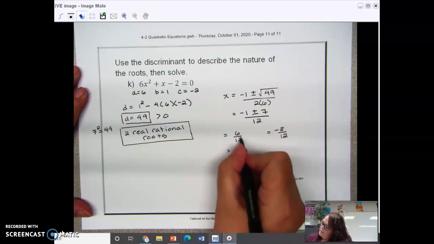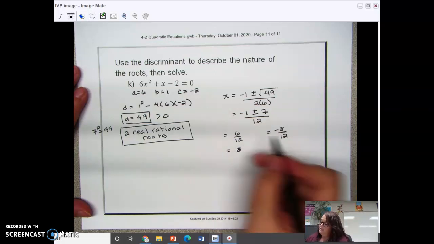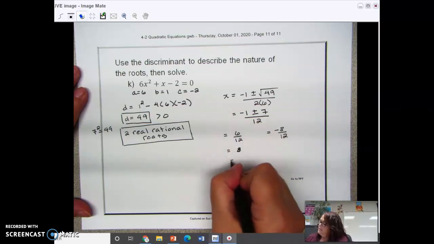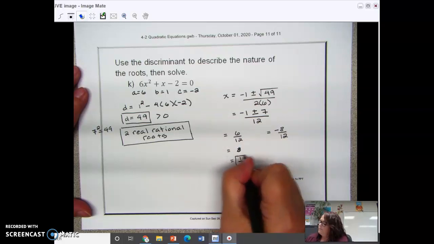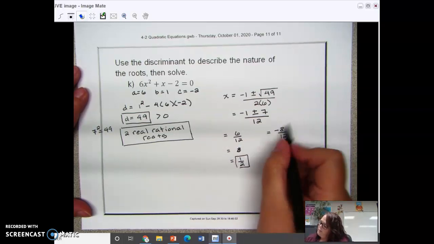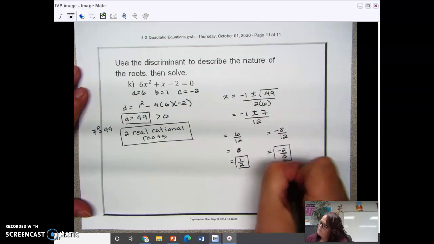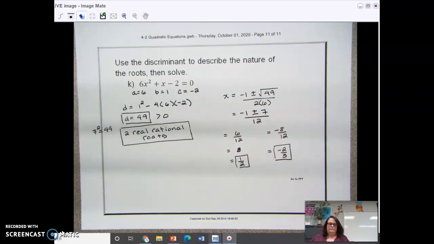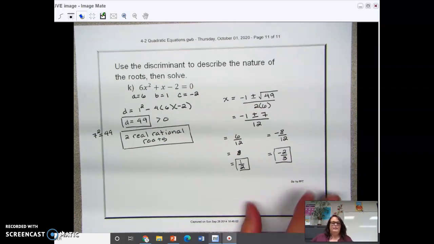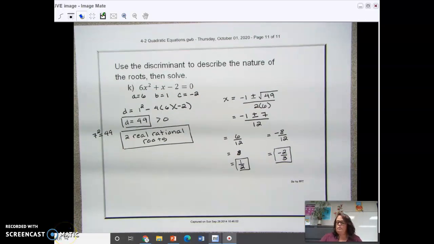And so reducing this by 6, we get 1/2. And over here, reducing by 4, we get -2/3. Okay, so again, we're going to pause and I'm going to head over to the PowerPoint.